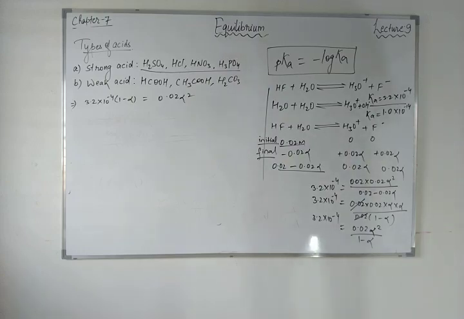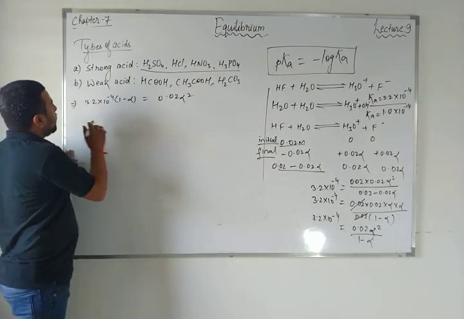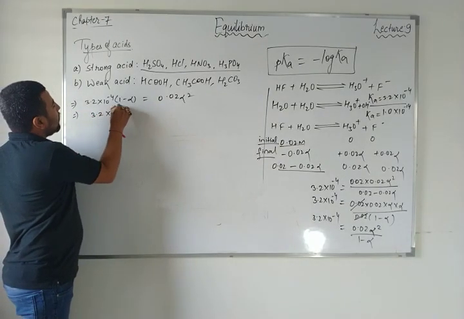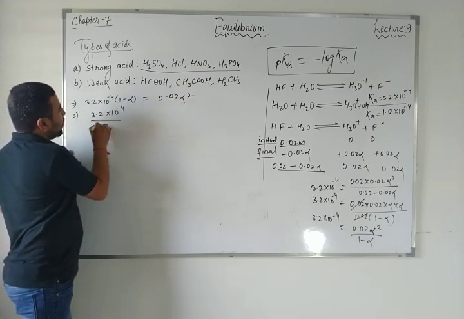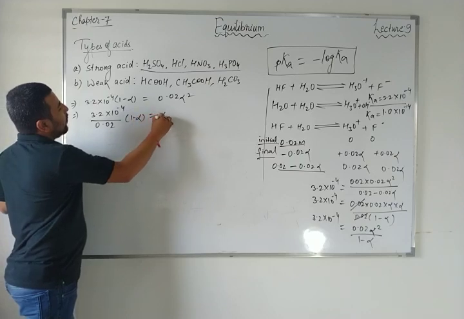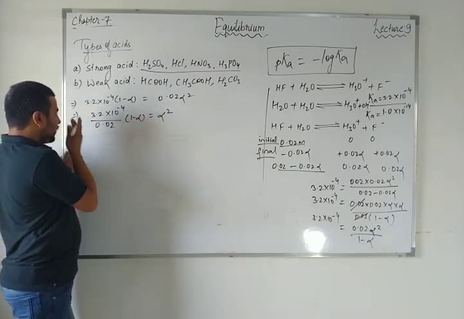Just suppose, my dear student, no need to worry. Can we write here 3.2 into 10 to the power minus 4 upon 0.02 into 1 minus alpha is equal to alpha square? Yes, we can write. Why not?